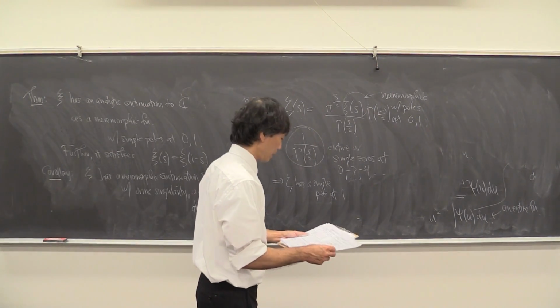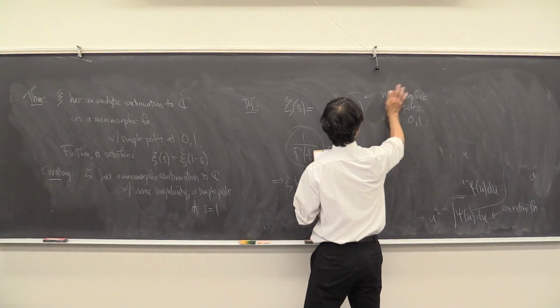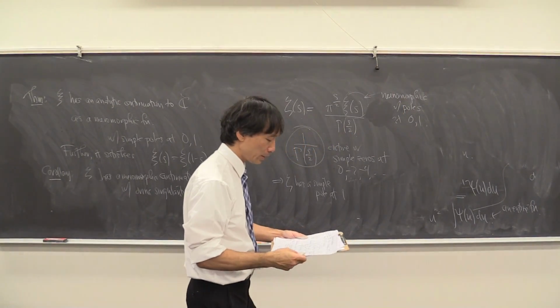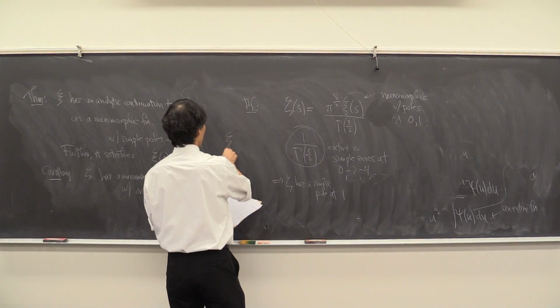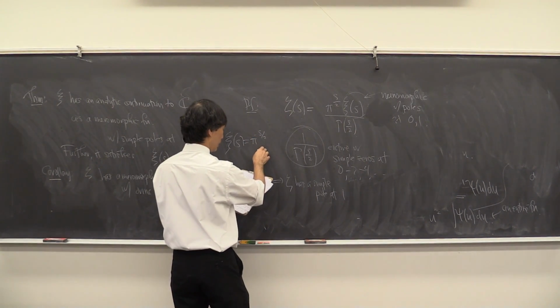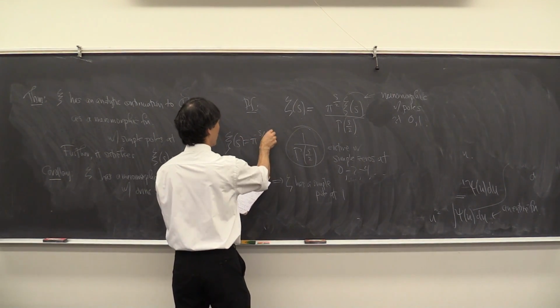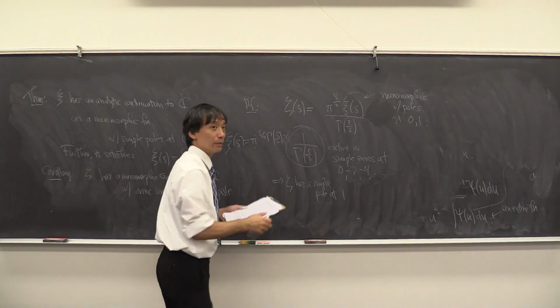Wait, hold on. That's not how we define it. No, that's right as it was, right? Because c was pi to the negative s over 2, gamma of s over 2 times zeta of s. Right? So that was okay.